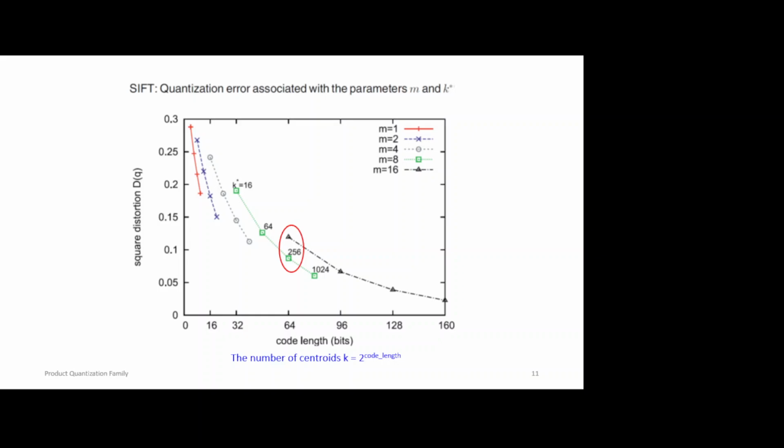And the black line shows another configuration. We can also get 2 to the 64 centroids. You can see the black line divides the dimension into 16 segments. Here K star is 16, so we have 16 segments and 16 centroids in each segment.